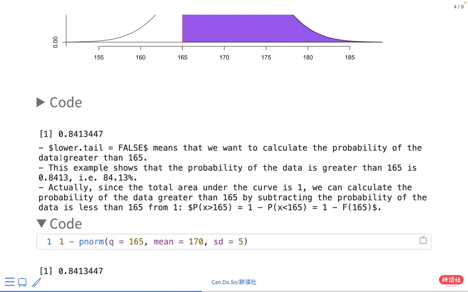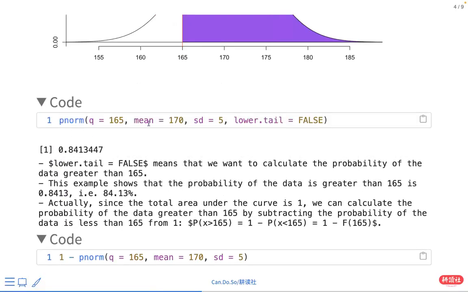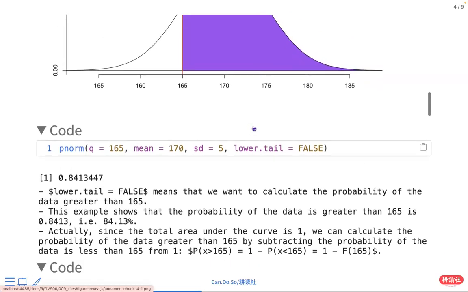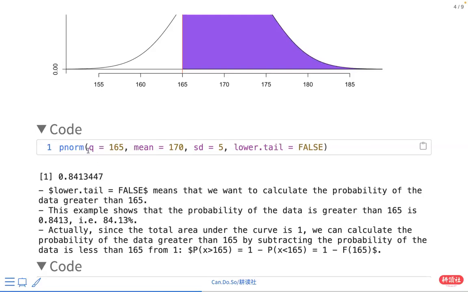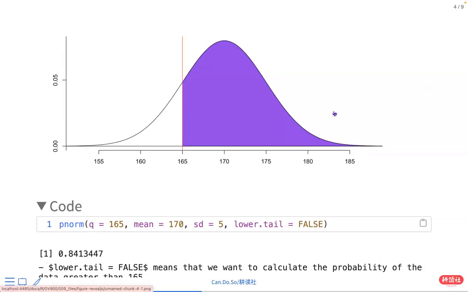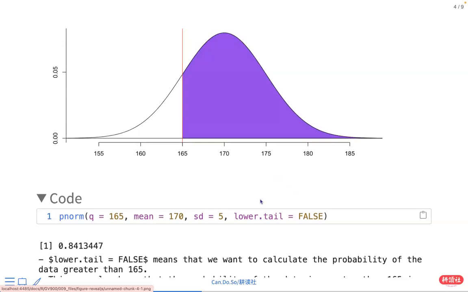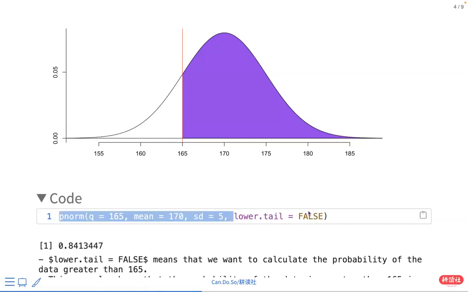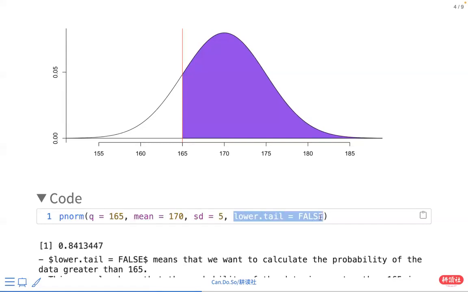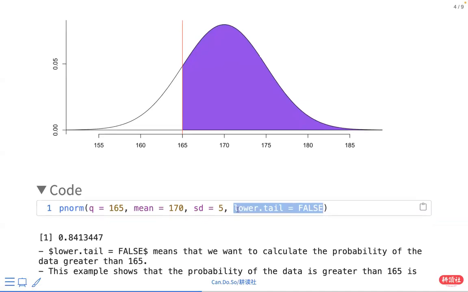And for the lower.tail argument, if we take it to the default, which is TRUE, we get the left part. The default argument we can always omit.